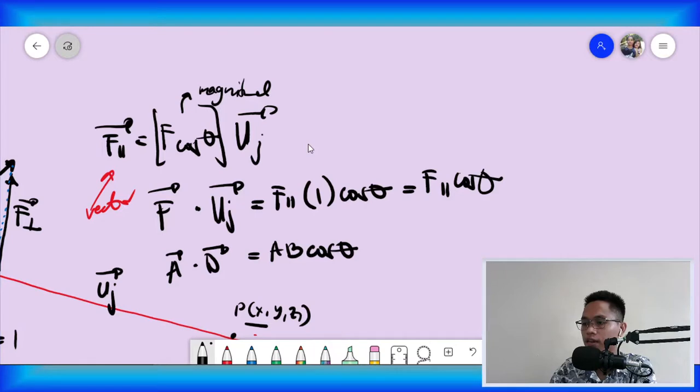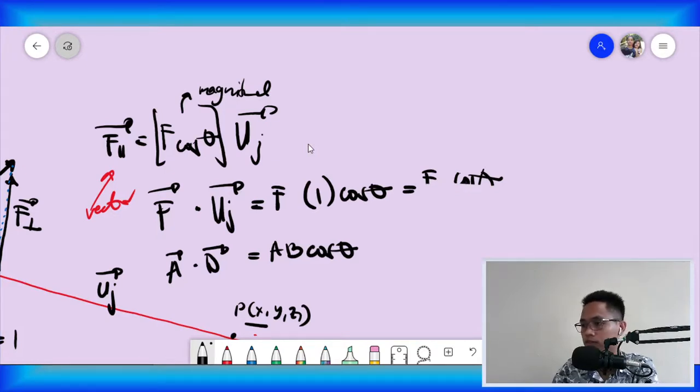This is not F parallel. If you take the dot product of the given F with the unit vector J, the magnitude of F is F, then the magnitude of U is 1, so that would be equal to F cosine theta.